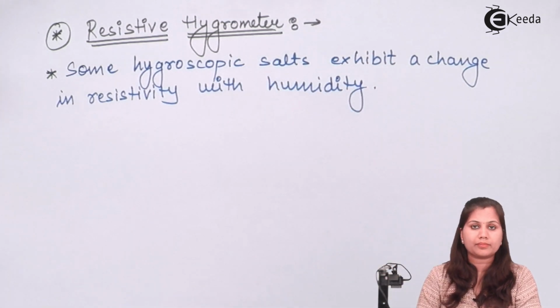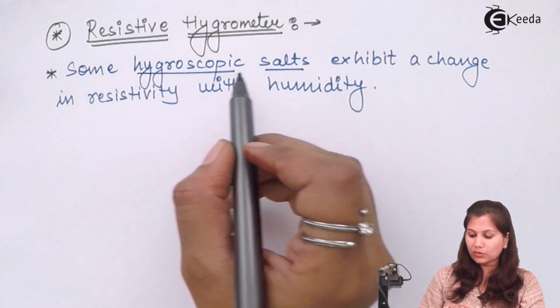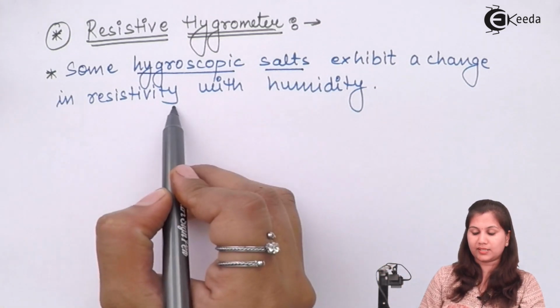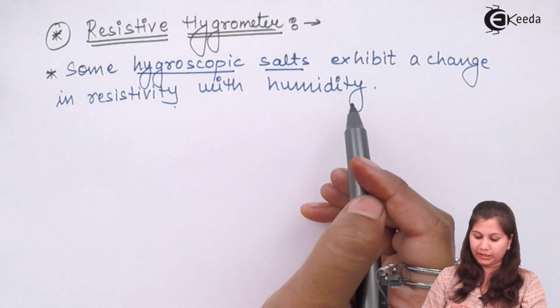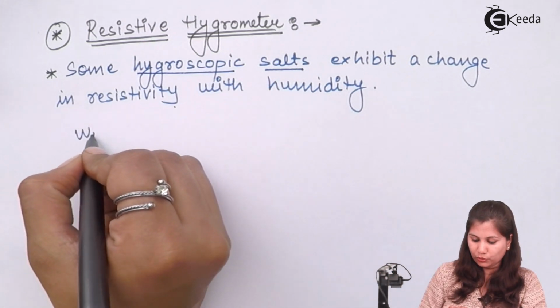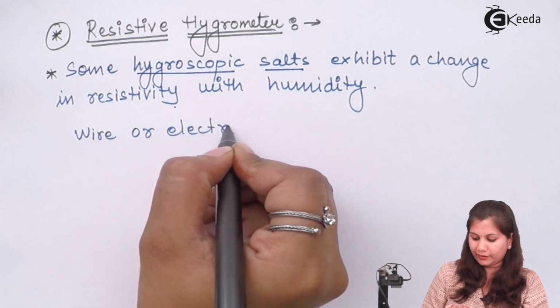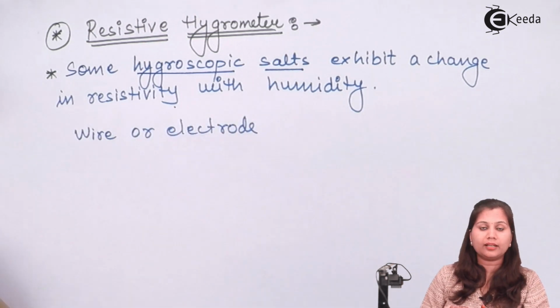There are some materials called hygroscopic salts, and these salts exhibit a change in resistivity with the humidity. If a wire or electrode is coated with this hygroscopic salt, then that wire or electrode can be used for the measurement of humidity.